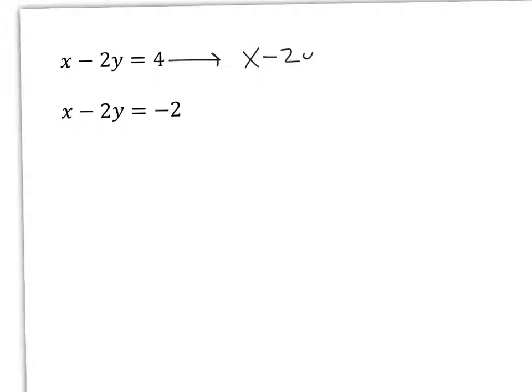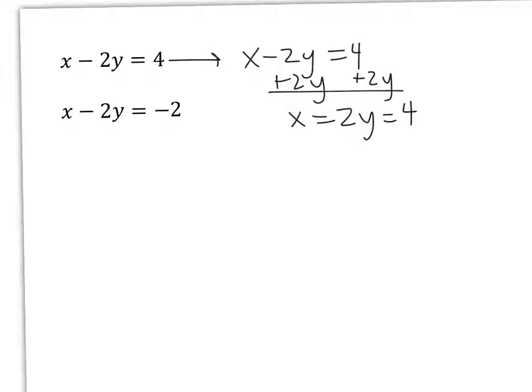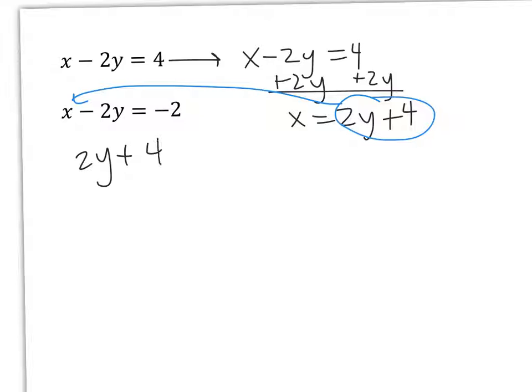So I'll rewrite x minus 2y equals 4, and I'll add 2y to the other side and get x equals 2y plus 4. So now I'm going to substitute this expression in where I see x in the second equation, and now I'm going to get 2y, and this should actually be a plus sign, plus 4 minus 2y equals negative 2.